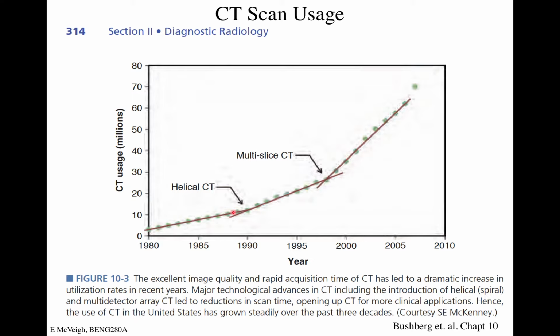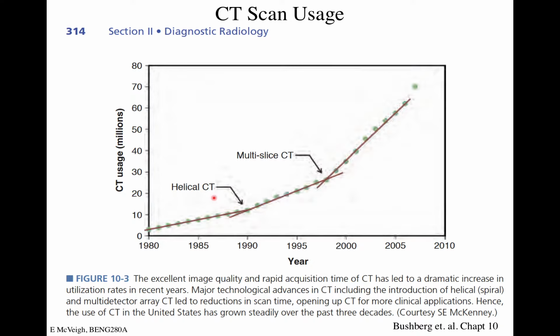But you can see the growth has a couple of knees in the curve, and the first was helical. Remember, during this period, you had to rotate through a set of angles, stop, and let the cables unwind, rotate back, right? And so you could only do it so fast. An exam would take 25 minutes for a single patient or half an hour.